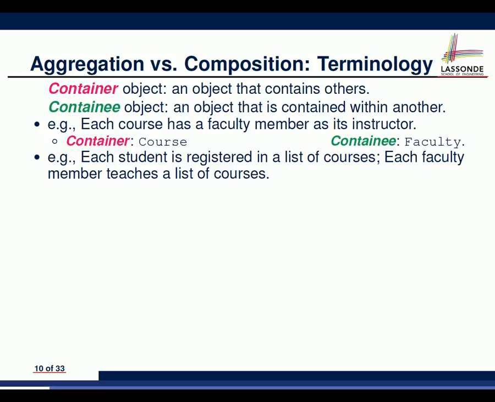They contain the students or the faculty member? So what are the classes we're talking about here? Let's just identify the classes. We have student, course, and faculty member. We've got these three actors. Would you say student is a container or course is a container?